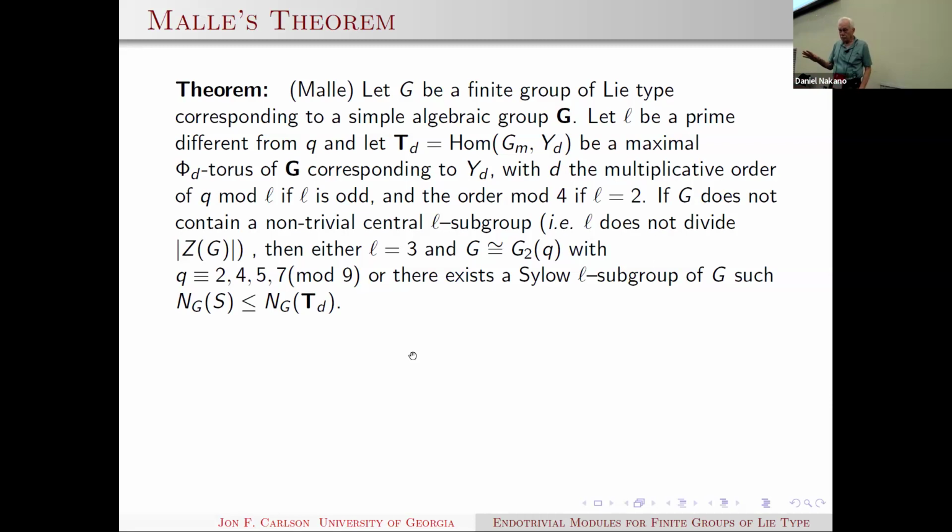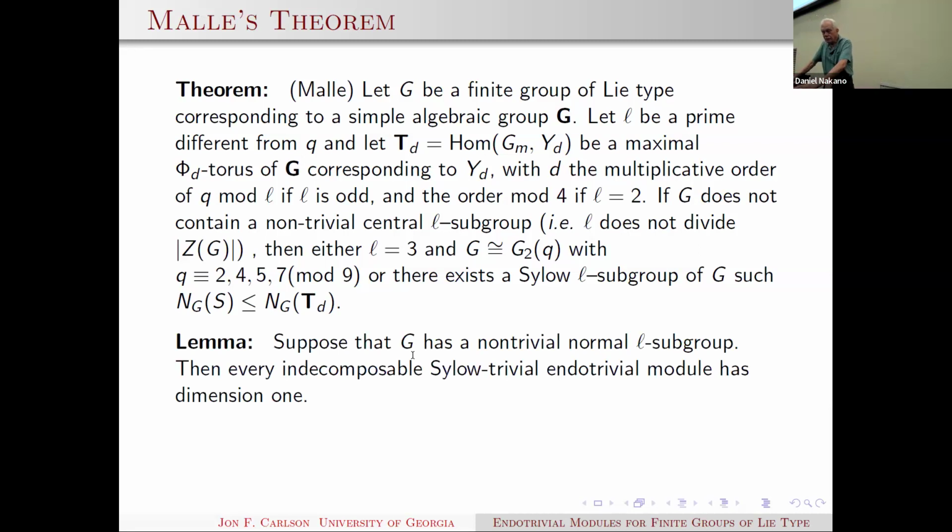Okay. So this is how we get someplace. The point of this is the following. There's a well-known theorem that we proved that occurs in several papers. If G has a non-trivial normal L subgroup, then every indecomposable Sylow trivial endotrivial module has dimension 1. So in the case that G contains a non-trivial normal or central L subgroup, there's nothing to prove.